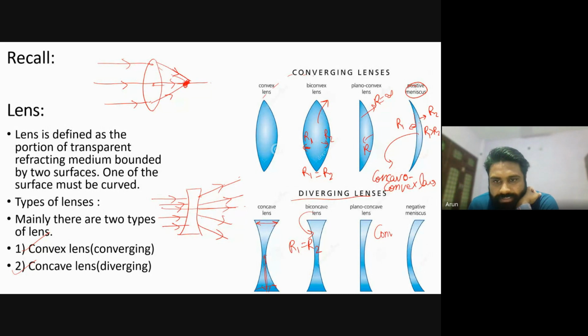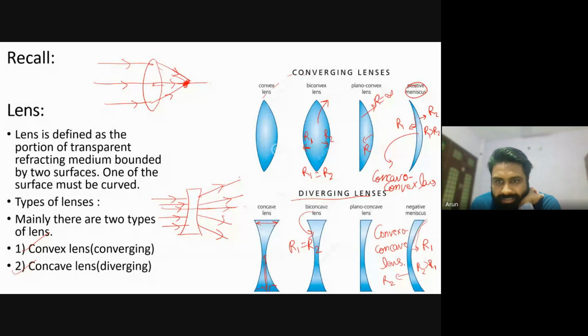or you can say convexo-concave lens. Okay, in this you can easily see this has a lesser radius of curvature, this surface, like R1, and this is R2. So in this you can say R2 is greater than R1.